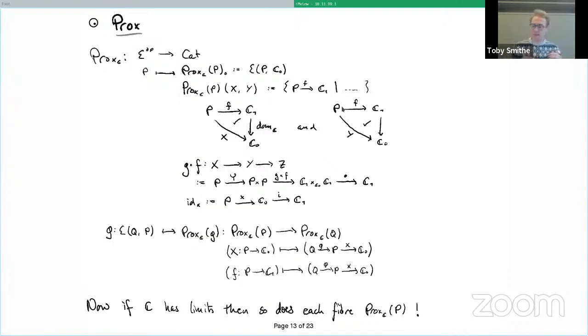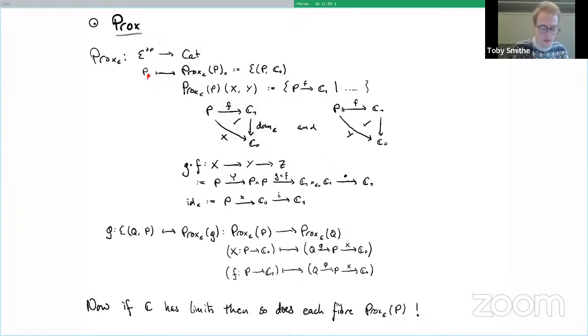Okay, so now we can introduce my construction, which I call prox. It's going to have the same form as this kind of fibrational power that I sketched earlier. So it's going to be an index category of this nature from E into Cat, which is just the general category of categories. I guess small categories.